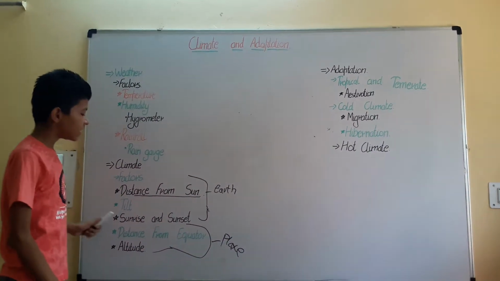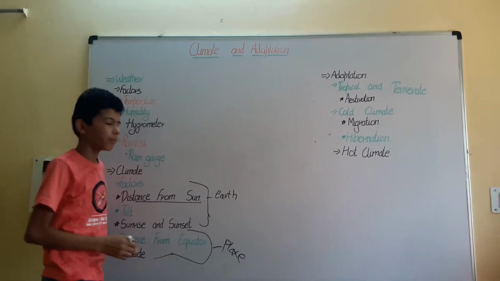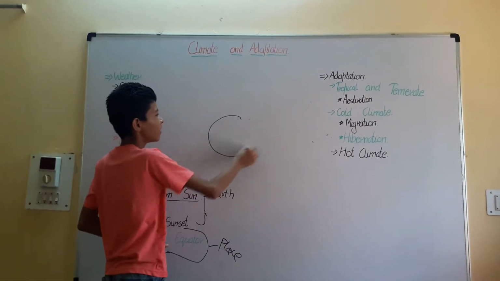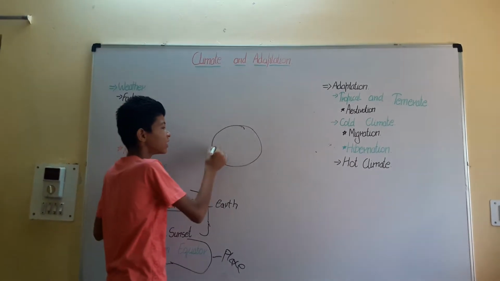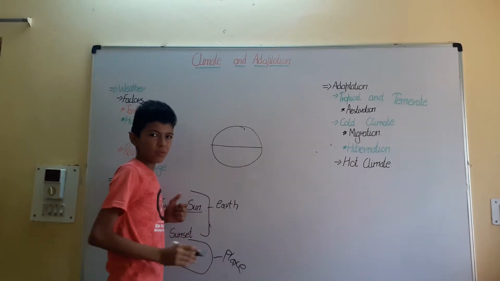First, we have the distance from the equator. What is the equator? The equator is an imaginary line which divides the earth into two halves, the northern hemisphere and the southern hemisphere.